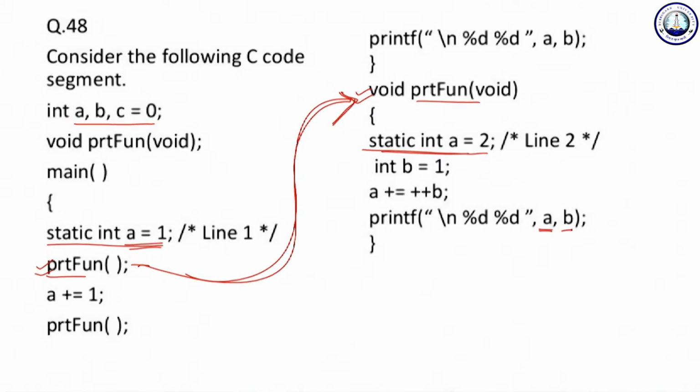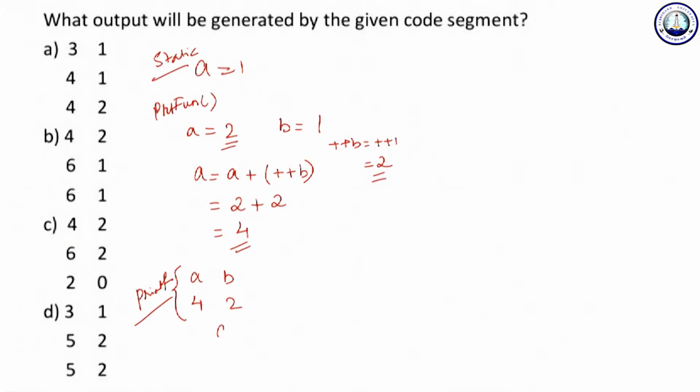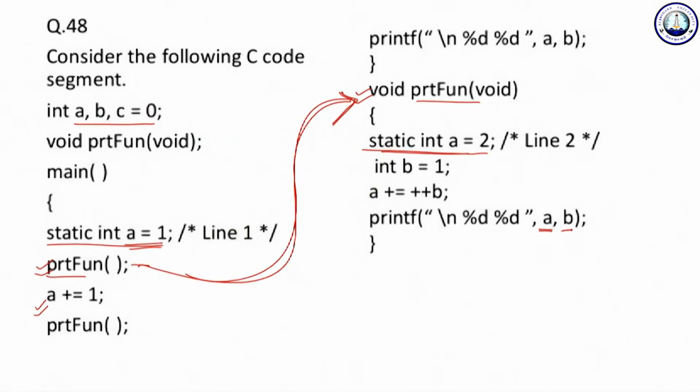After that we will come here, A is equal to A plus 1. But this value of A will be this one, because this is only limited to this particular function.